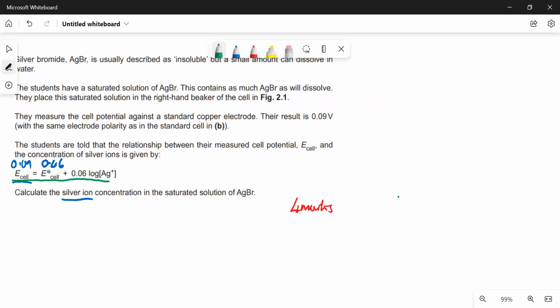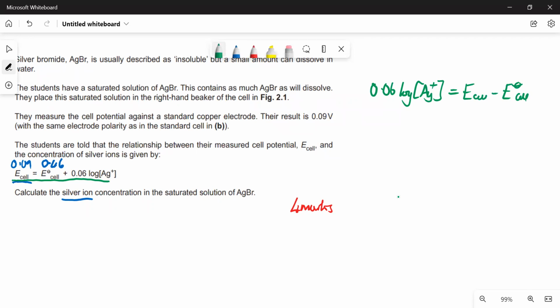So we're going to end up with 0.06 log Ag+ is equal to E cell minus the E standard cell.